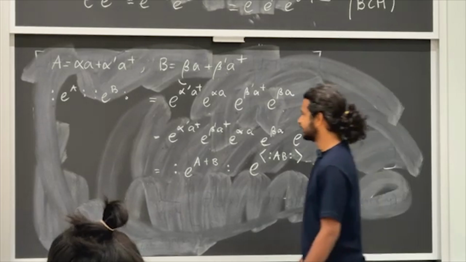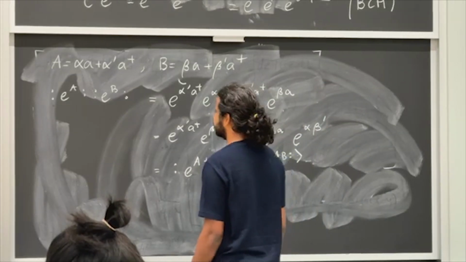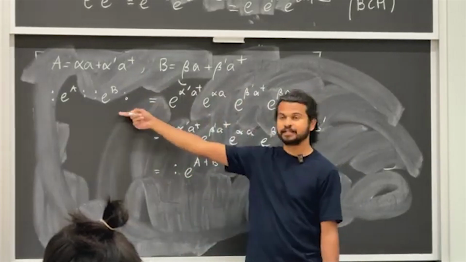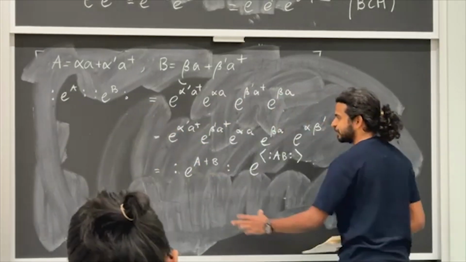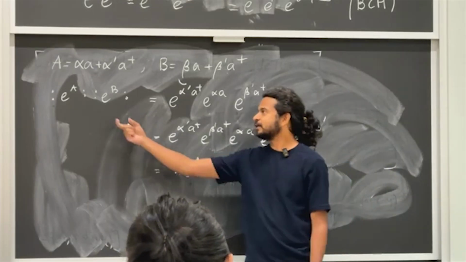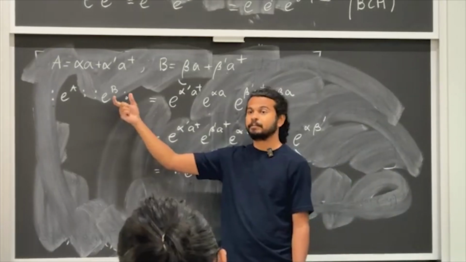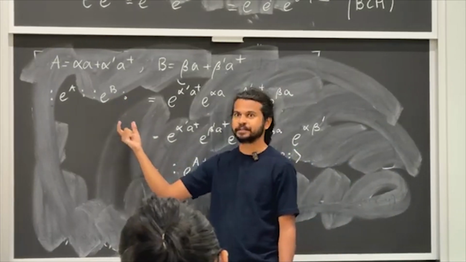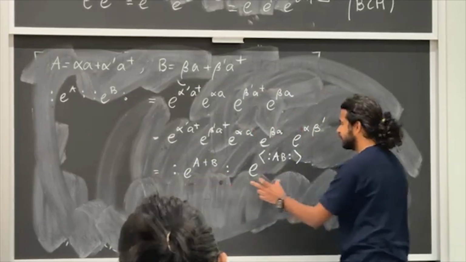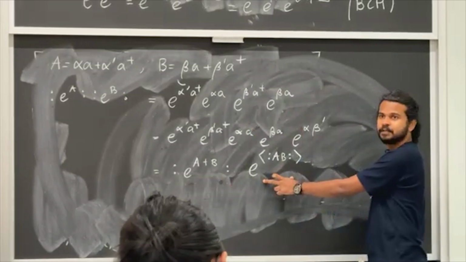Now let's imagine that we find an expectation value of the left hand side. On the left hand side we are finding the expectation value of a product of two normal ordered operators, but on the right hand side I just have a normal ordered operator times a constant.